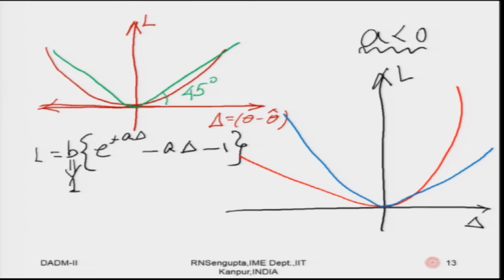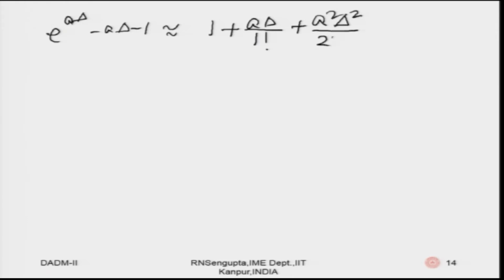Another thing which I did mention again without writing, that is why I thought I will spend some time. I know that I am going a little bit slow, but still. If you have very small values of delta, what you do is you expand it. So, it is e to the power A delta minus A delta minus 1, expand it: 1 plus A delta by 1 factorial plus A square delta square by 2 factorial plus higher terms, minus A delta minus 1.